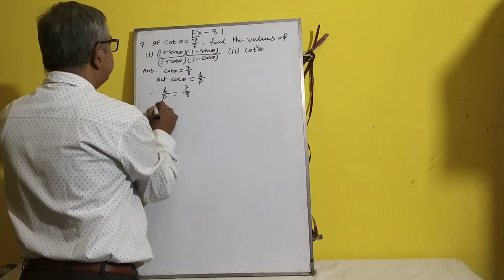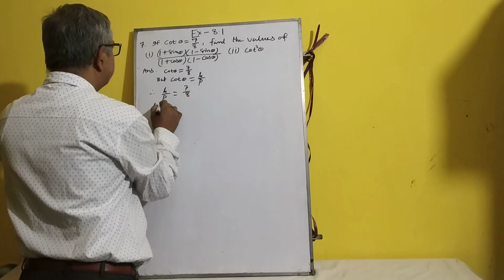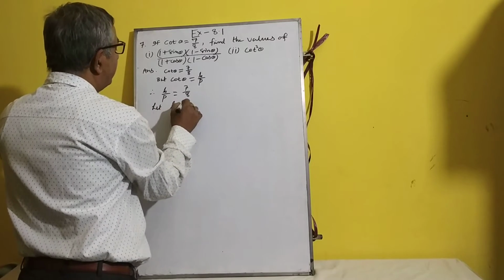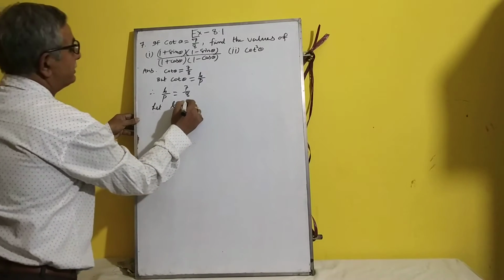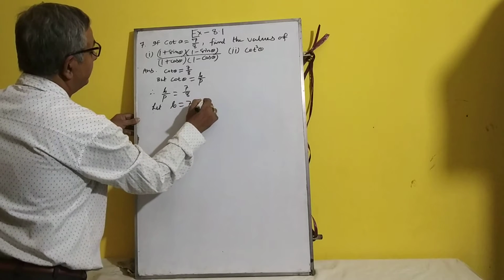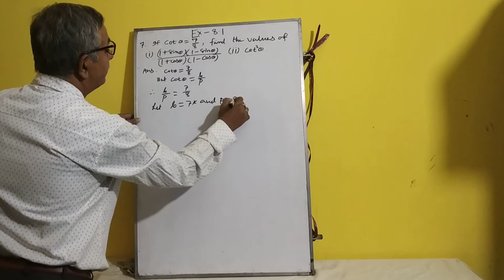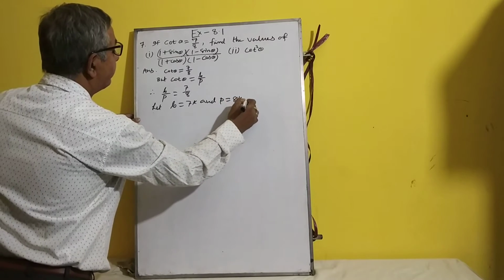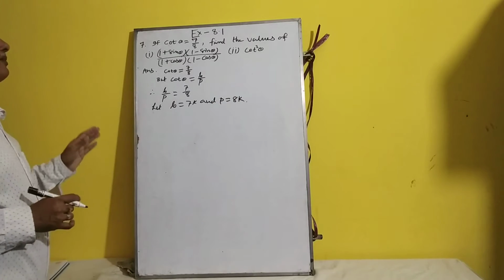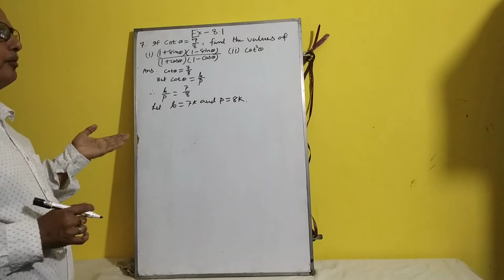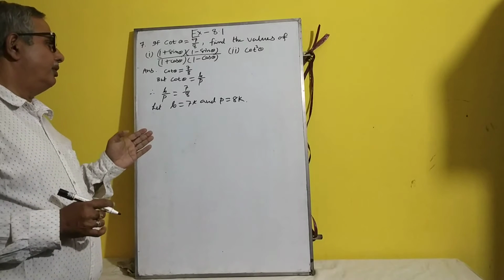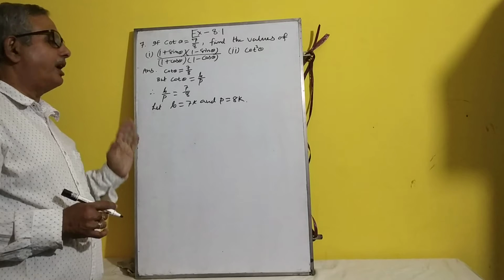Let B be equal to 7K and P be equal to 8K. K is some constant. Instead of K you may take M also. You may take some other alphabet.